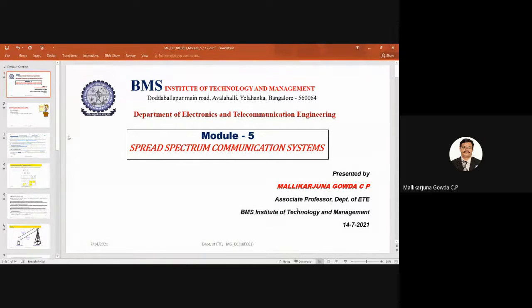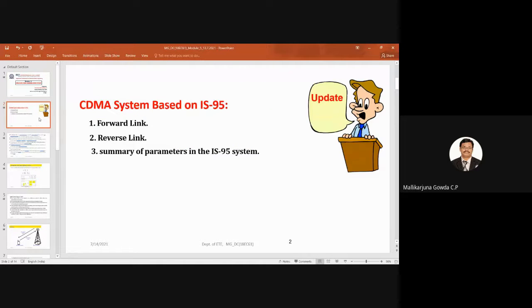So I would like to throw some light upon that. I think you people can also dig more about that. Basically, this is the topic I am going to discuss: CDMA system based on IS-95 standard. In that, we are discussing the forward link, reverse link, and summary of the parameters which are used in the IS-95 system.